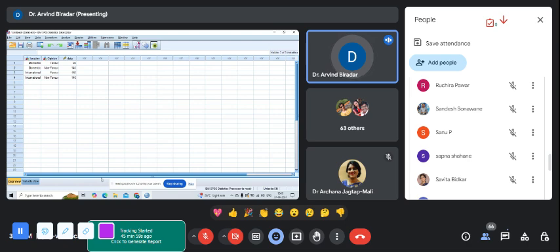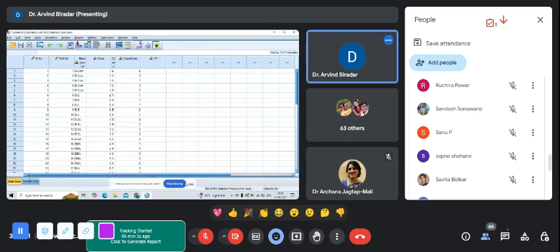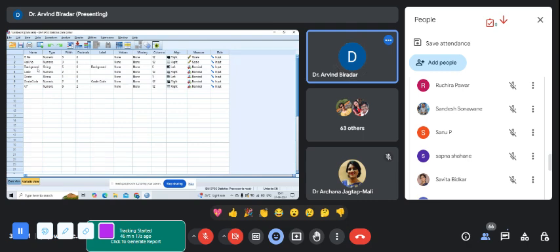This is one example. In this example, there are variables. The one is roll number. The second one is educational background.